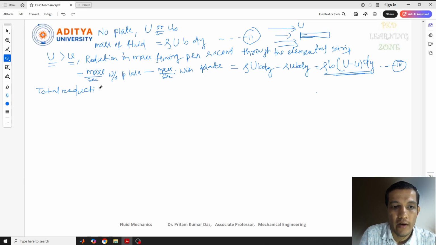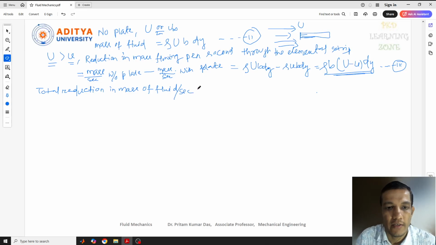This is only one small strip's reduction we have taken. Now the total reduction in mass of fluid per second through BC due to the plate.